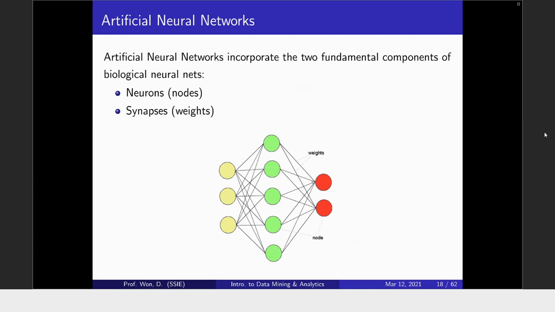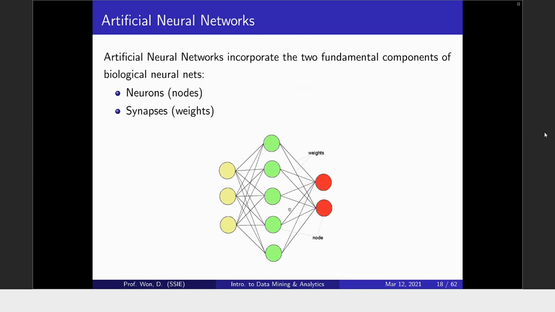In other words, defining the number of nodes and the values of the weights is what makes the artificial neural network. All the artificial neural network is making these network structures based on the data set we have.